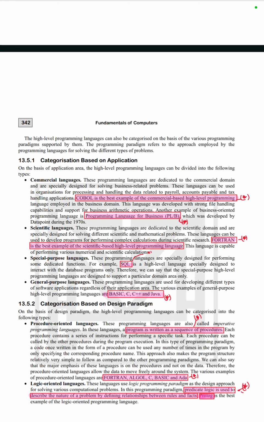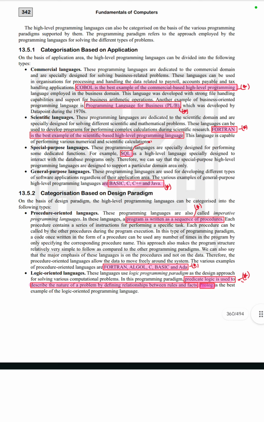Special purpose languages: for example, SQL is a high level programming language specially designed to interact with database programs only. General purpose languages: various examples of general purpose high level programming languages are Basic, C, C++, and Java.